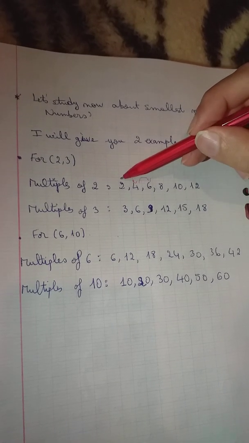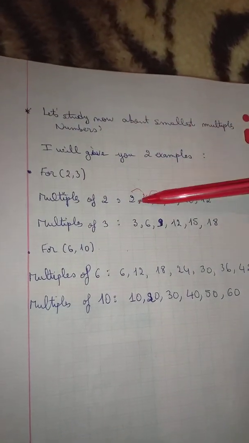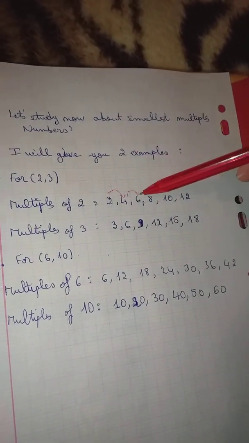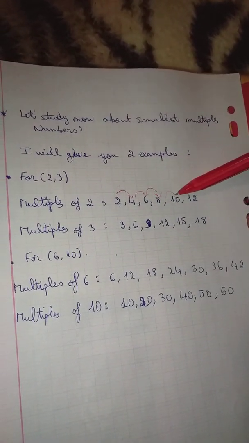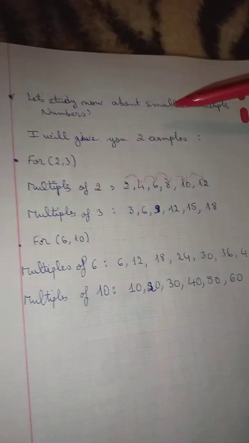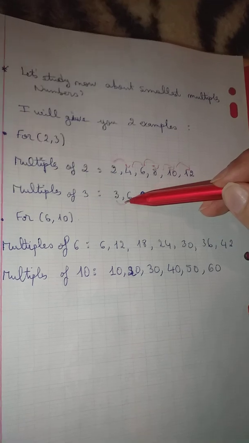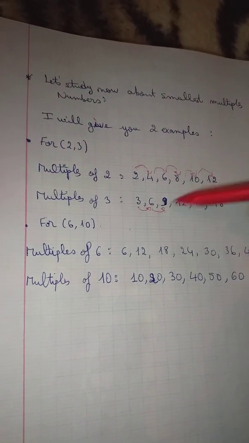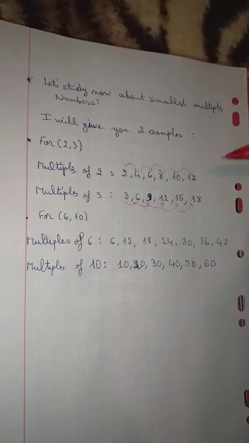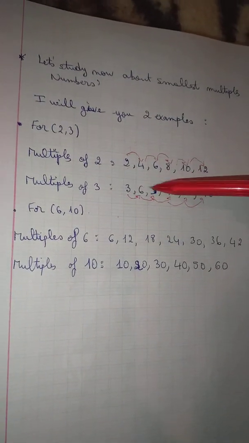It's like 2 multiplied by 1, that gives 2. 2 multiplied by 2, that gives 4. So from each number to the other will rise by 2. And now the multiples of 3 will be 3, 6, 9, 12, 15, and 18. They will rise by 3.